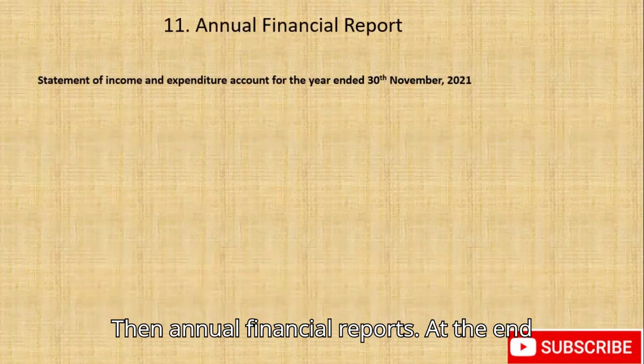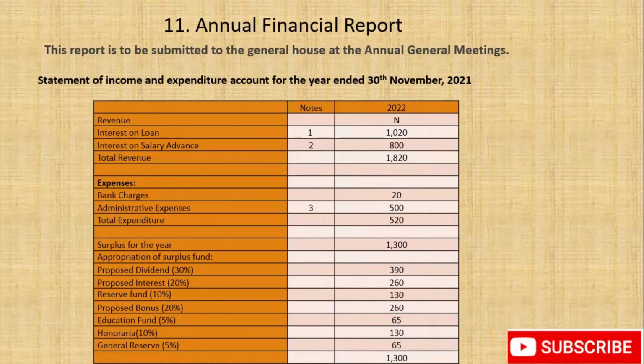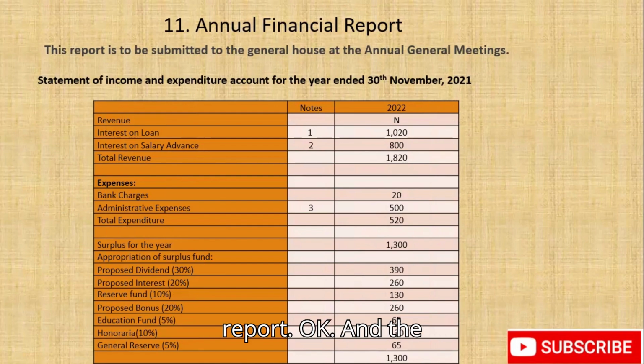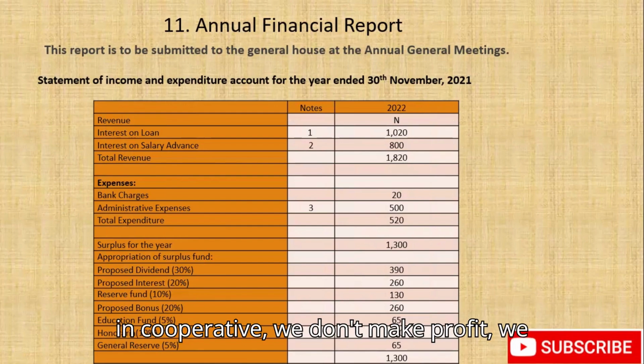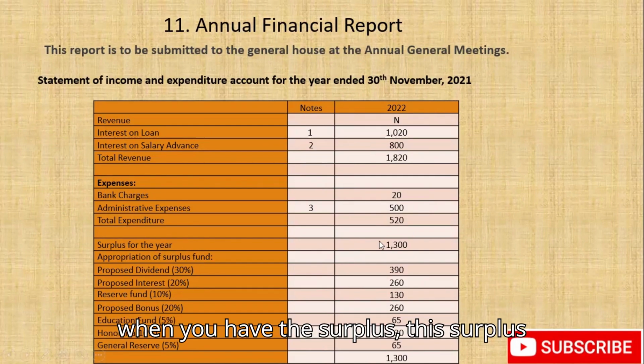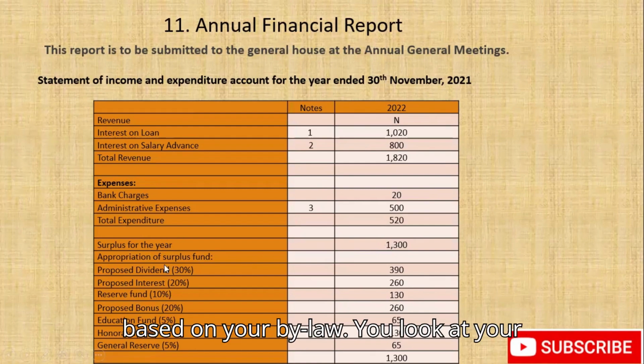Then annual financial reports. At the end of the year, it's expected that the cooperative management prepares an annual report. In cooperatives, we don't make profit, we make surplus. So the surplus is appropriated in this format based on your bylaw.